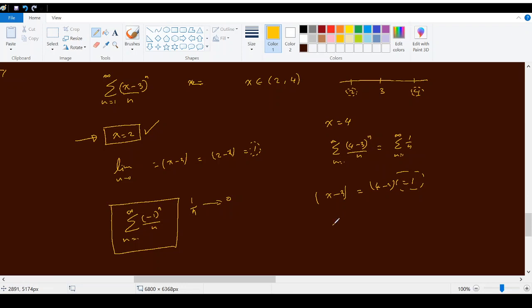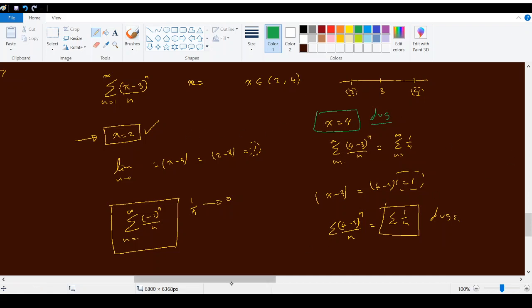But if we directly see what will happen to our series when x is equal to 4, you will obtain the harmonic series, and we know that the harmonic series diverges, right? We have already done this fact. So at x equals 4, the series diverged.